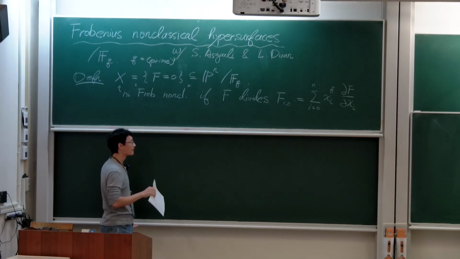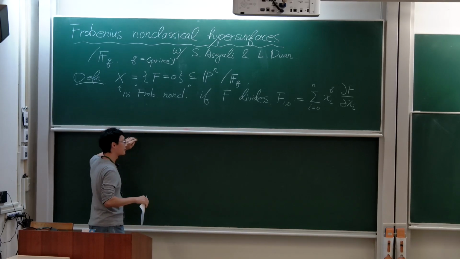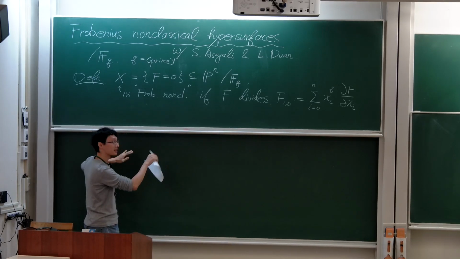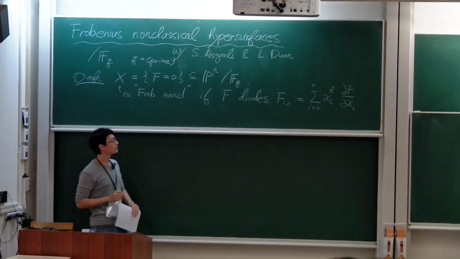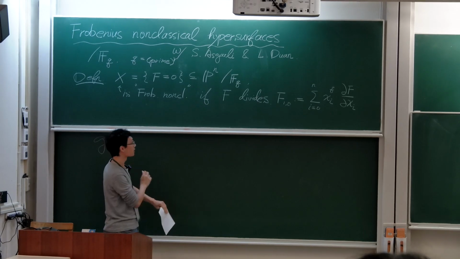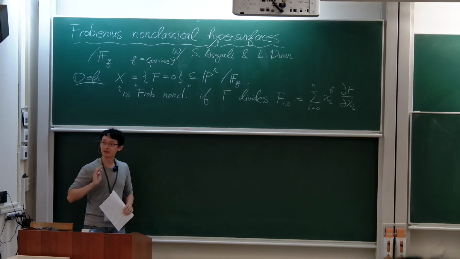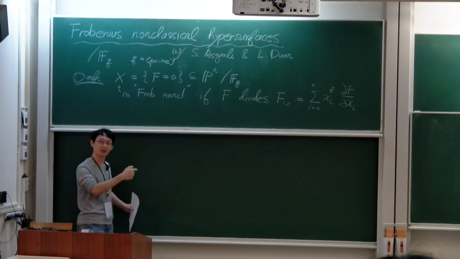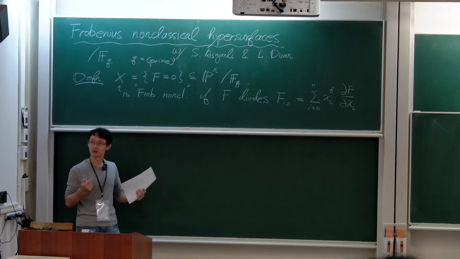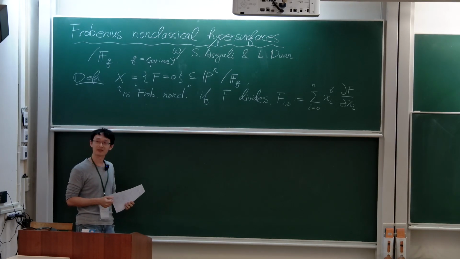This is the algebraic definition, and geometrically you can view this condition this way. We don't need to assume X to be smooth, but our main result concerns only smooth Frobenius non-classical hypersurfaces.